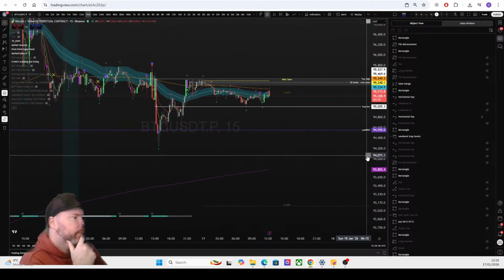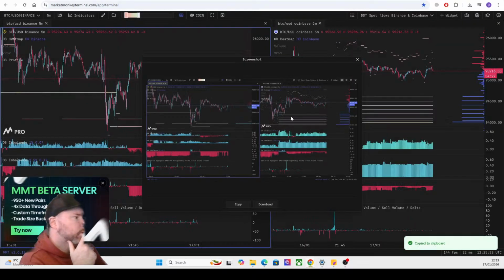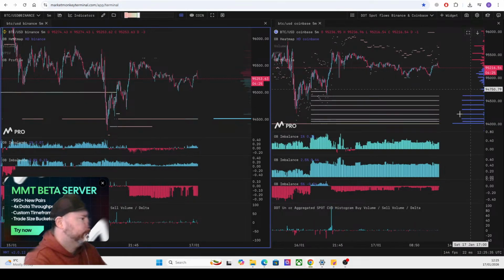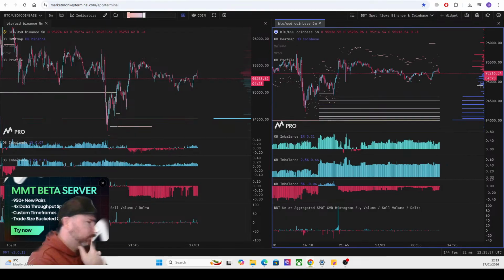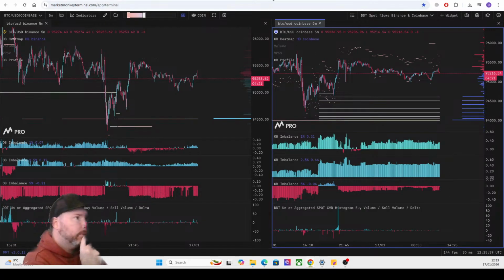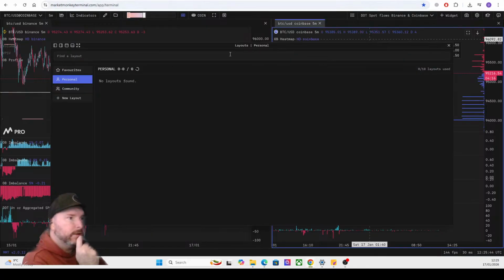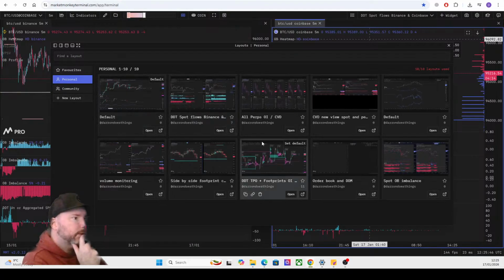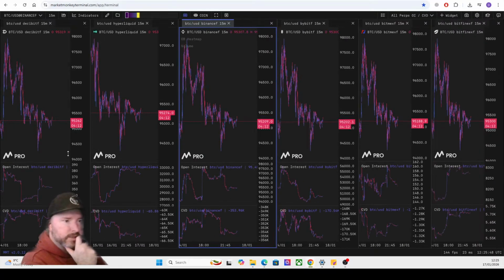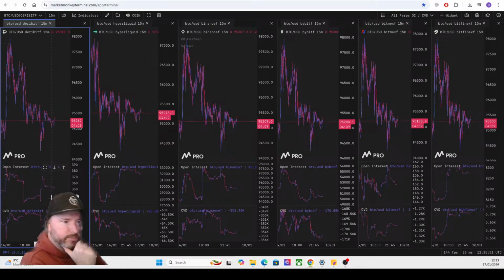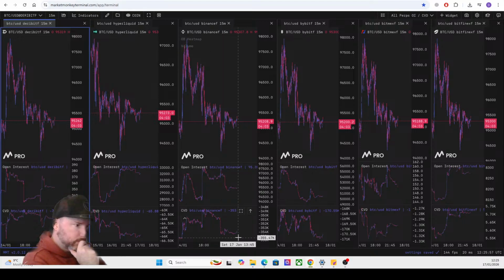We're getting a heavy red vector. Who is selling the Bitcoin? This is perps. I've got 1,000,001 templates here, and this is my OCD, guys, so bear with me. This is just perps, OI, and CVD for a few exchanges. CVD up or down.